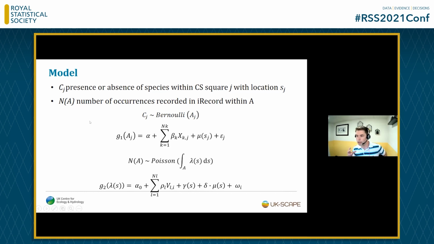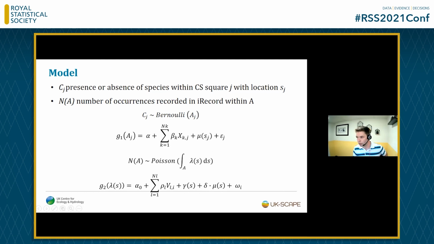The top bit is a model for our presence absence data, which is a Bernoulli distribution, which is a function of the linear predictor of some covariates, a latent spatial field here, and some error. And for our presence only data, that's a point process type model, where again we have some covariates and a random spatial field and another random spatial field.